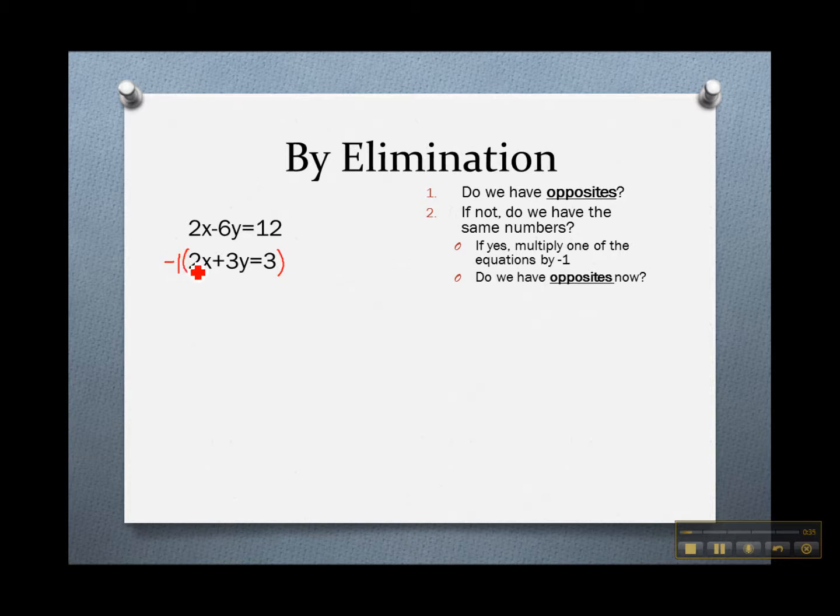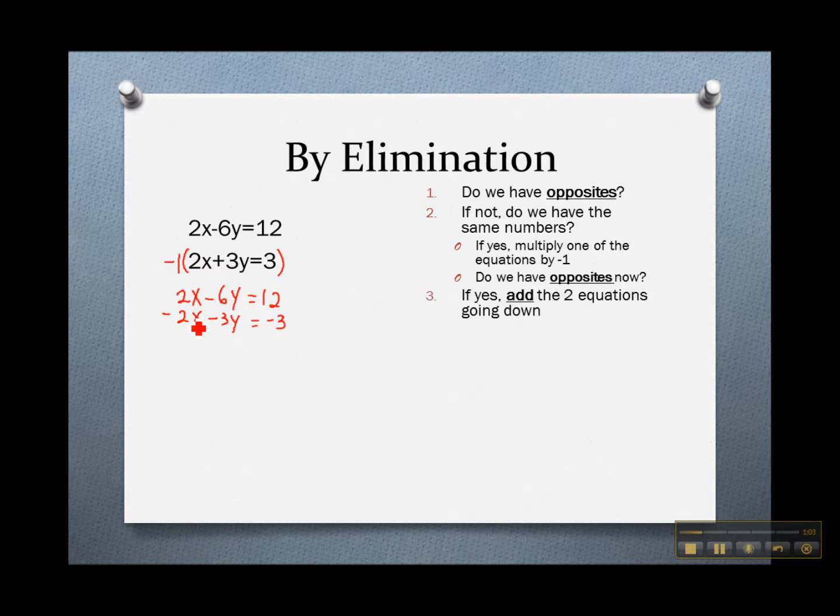When you multiply by negative 1, all you're doing is changing the signs for every single number. So I'm going to go ahead and copy the top one down here because I didn't do anything with that, so I keep it organized. And then I'm going to change all the signs here. Positive 2x is now negative 2x, positive 3y is now negative 3y, and positive 3 is now negative 3.